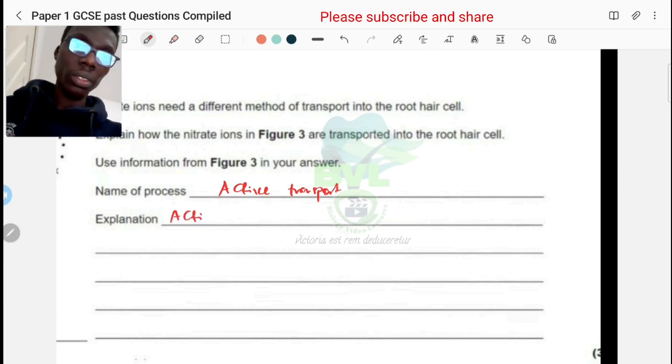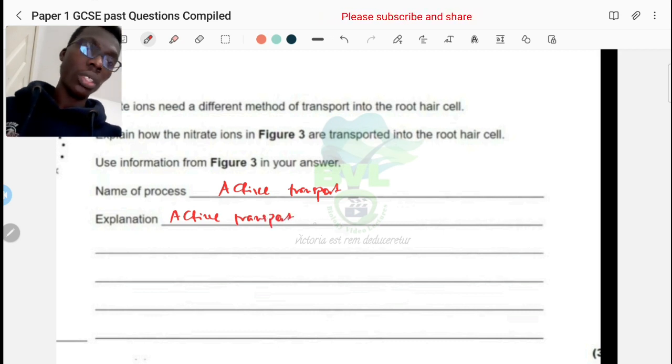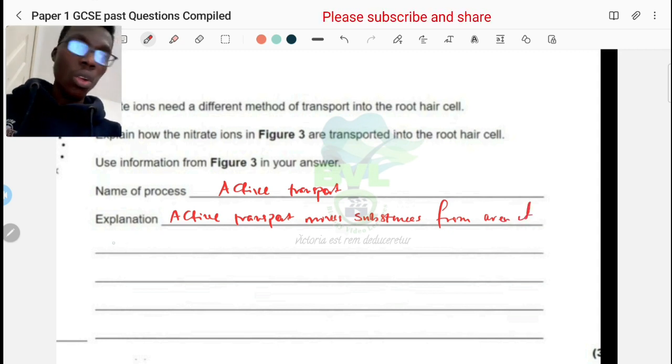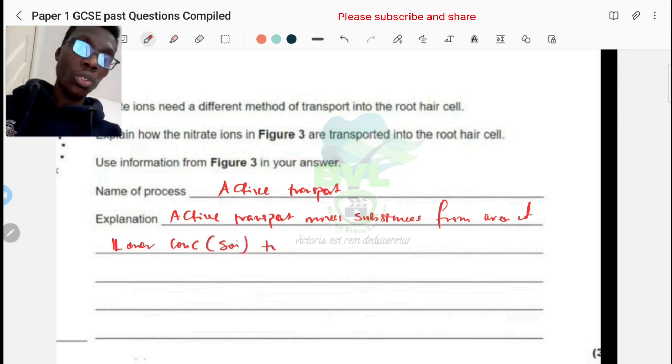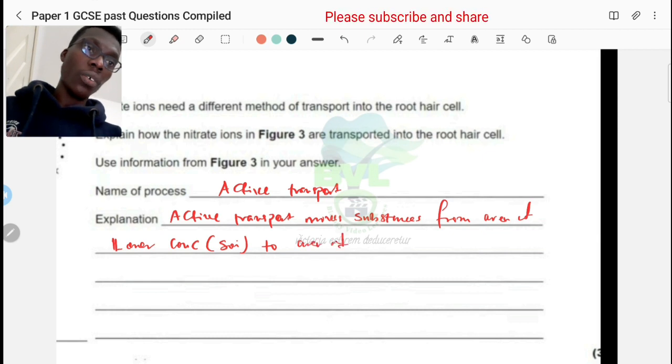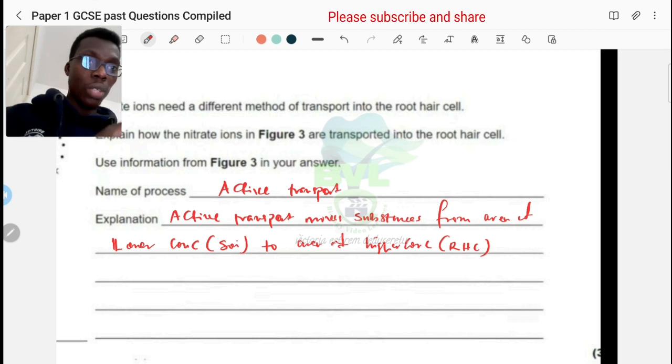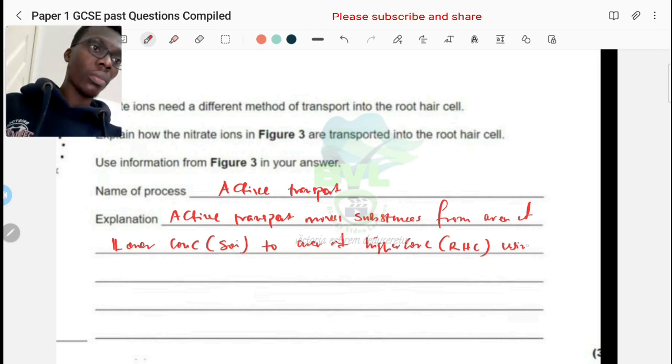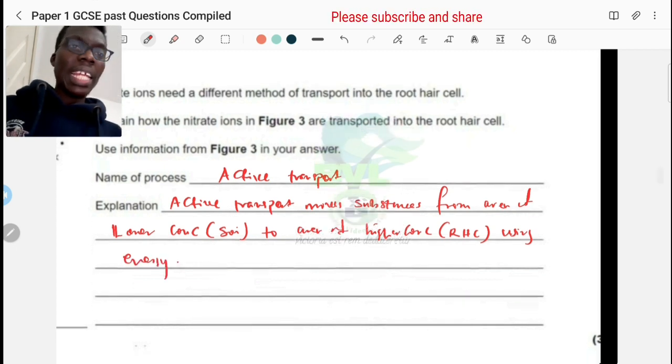Active transport moves substances from an area of low concentration, in this instance in the soil, to an area of high concentration, which is in the root hair cell, using energy.